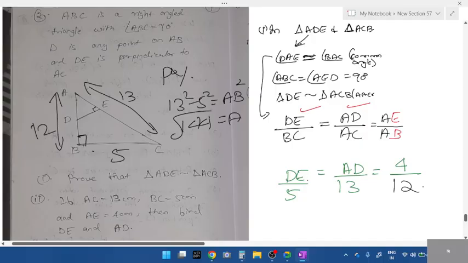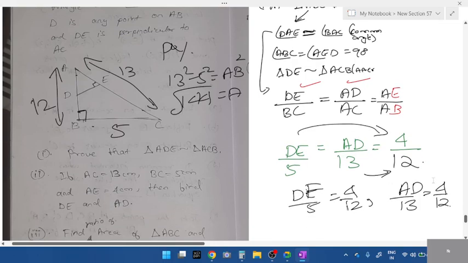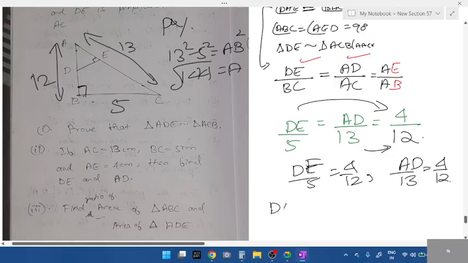We need to find DE and AD, students. Compare this with both the equations. DE divided by 5 is equal to 4 by 12, and AD divided by 13 is equal to 4 by 12. So DE is equal to 4 into 5 divided by 12.